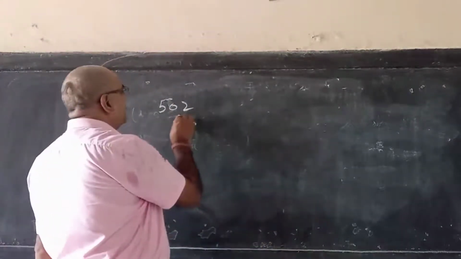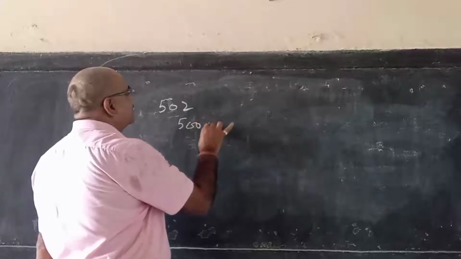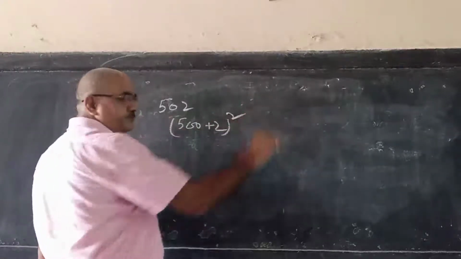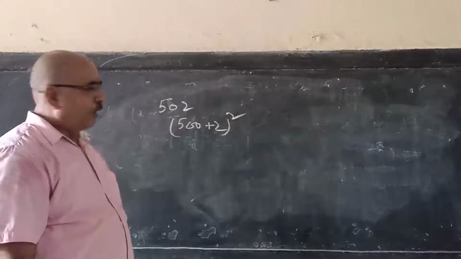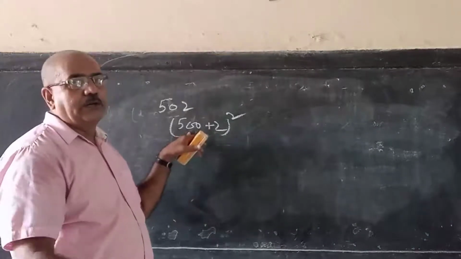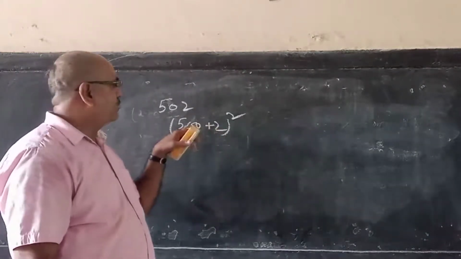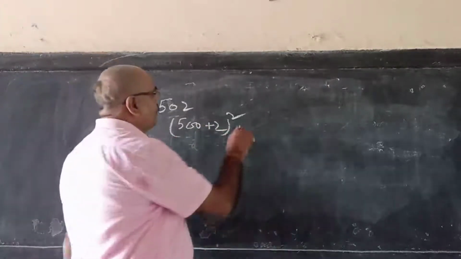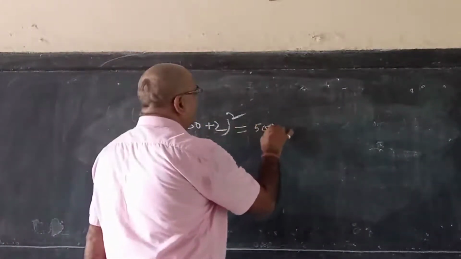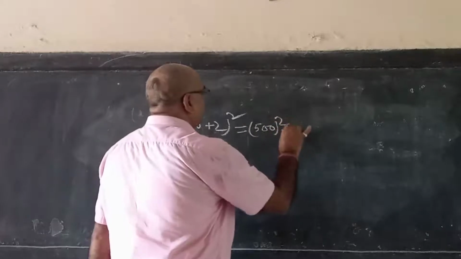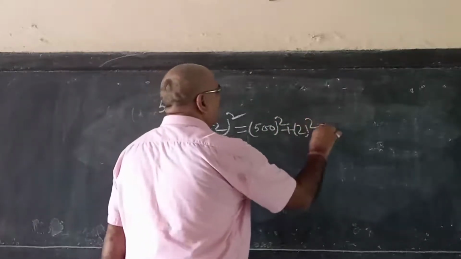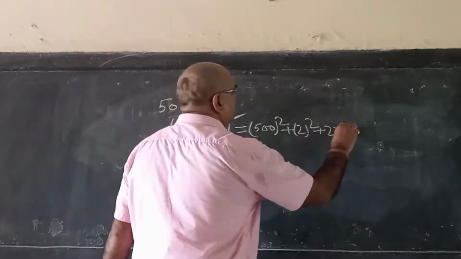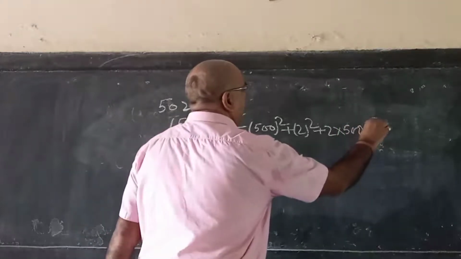So we can write (500 plus 2) square. In place of a there is 500, in place of b there is 2. So what is the formula? a square means 500 square, plus b square means 2 square, plus 2ab, 2 into 500 into 2.